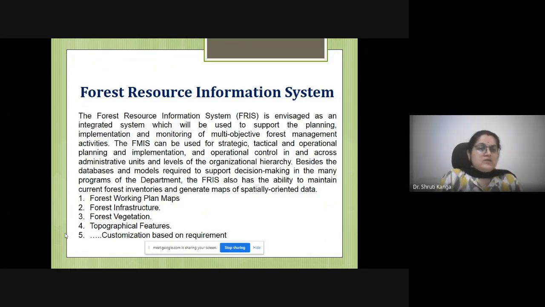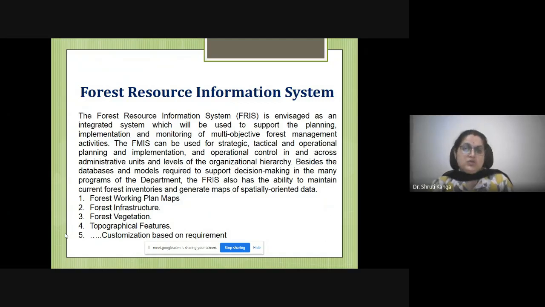So the forest resource information system is envisaged as an integrated system which will be used to support any kind of planning, implementations of different layers, and monitoring of different objectives which are related to different kinds of forest management related activities.